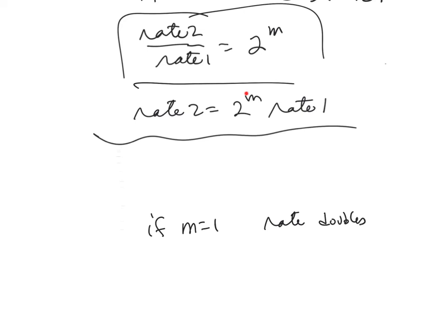So in other words, if m is equal to 1, then rate 1 times 2 would be equal to rate 2. So the rate doubles. But you can look at other examples. So if m is equal to 2, then you've got 2 squared is 4. So rate 2 will be equal to 4 times rate 1. So you'd say here the rate quadruples.